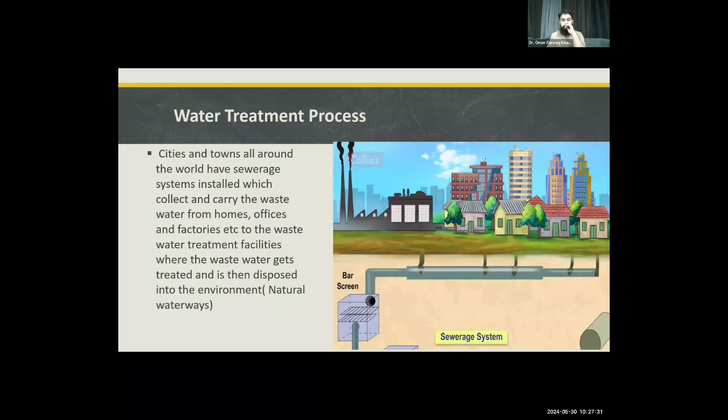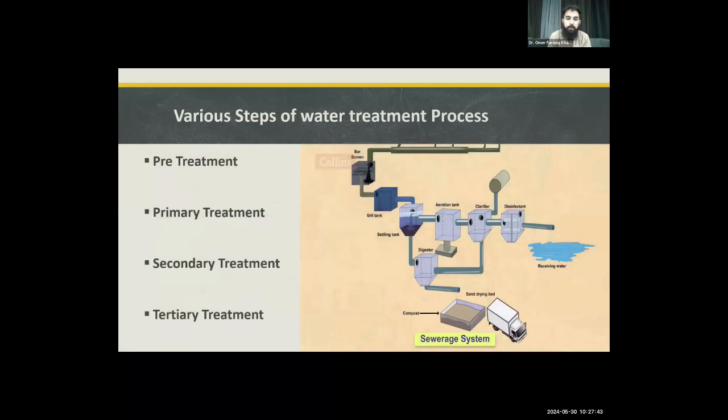In this diagram, you can see the sewerage system going into the wastewater treatment facilities. At the bottom left corner of the diagram, you can see the bar screens. These bar screens are basically the start of the wastewater treatment facility.